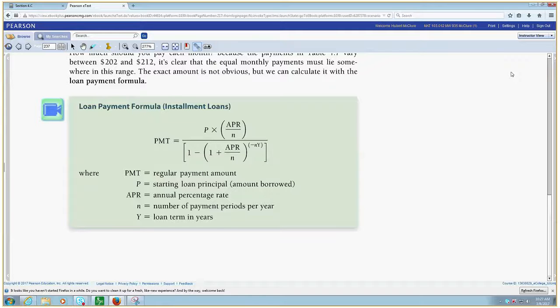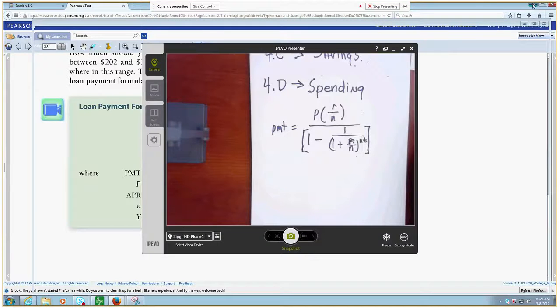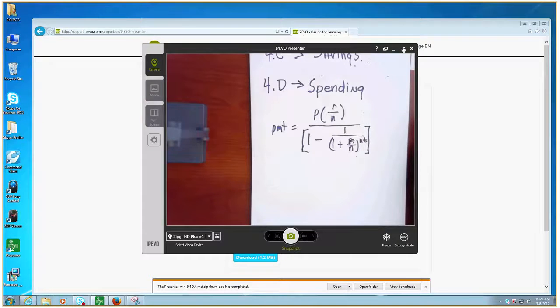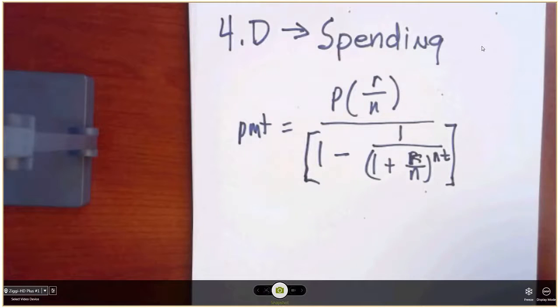I'll show you that in just a second. And that's just my own personal preference. There we go. That's an R.